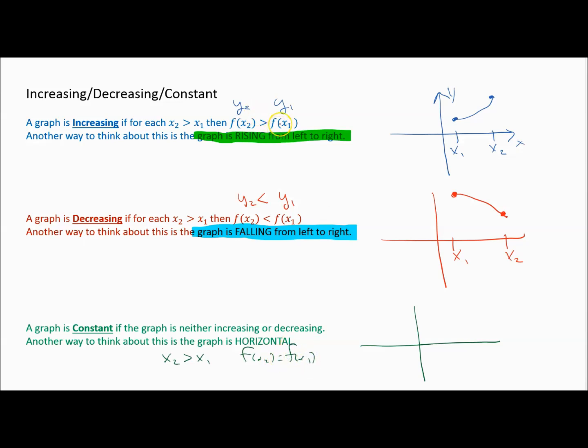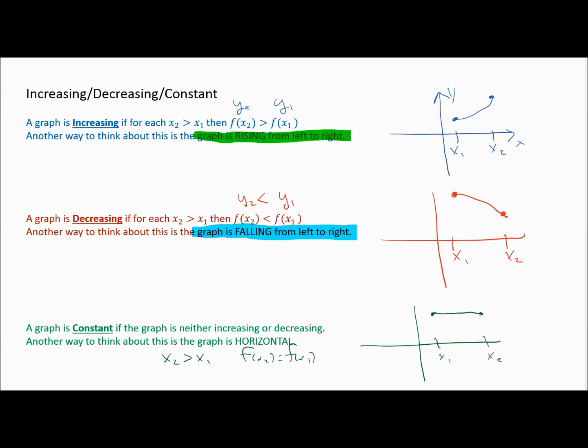If you got the greater than for the increasing, the less than for the decreasing, then equals is the only other option. If we were to graph that, then here's x1 and here's x2, just like before, but f of x2 is equal to f of x1. And that's not only true for these endpoints, but every point in between. And that's what's going on with all these definitions.